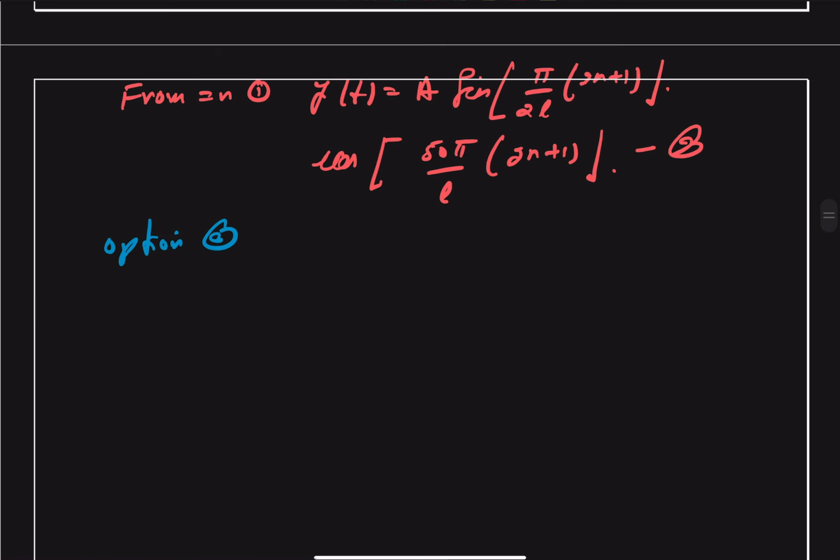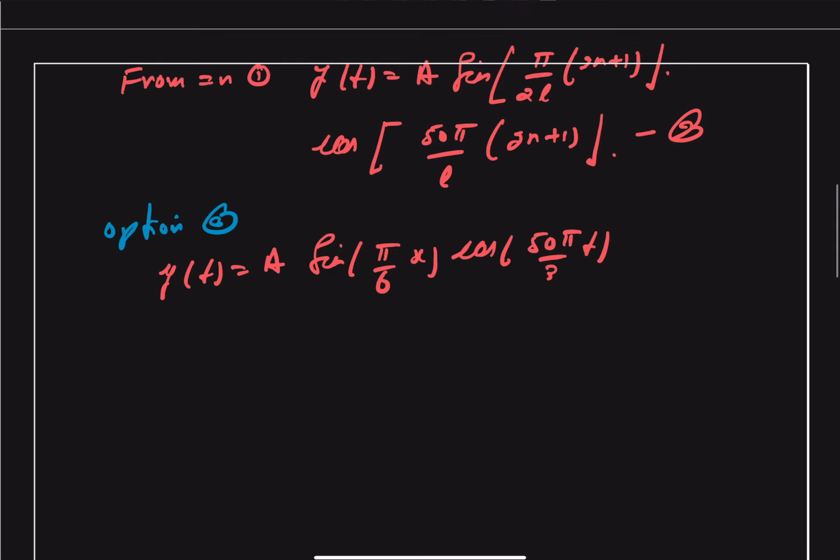Option A is y of t equal to a sine of pi by 6 x and cos of 50 pi by 3 t.